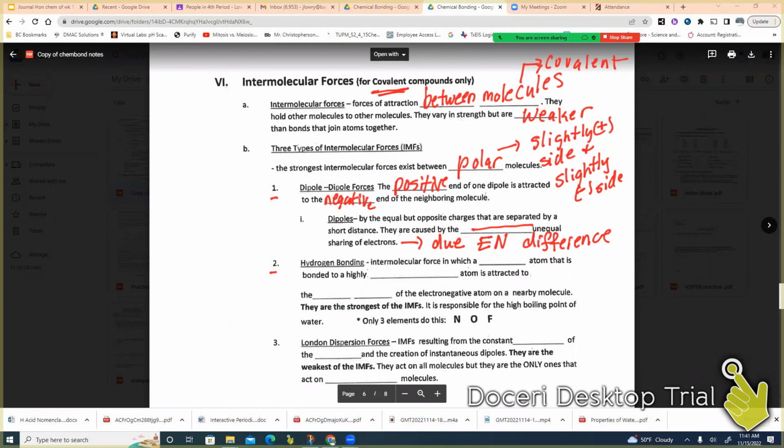During our periodic trends unit, if you remember, electronegativity is the ability in a compound to pull electrons towards itself. You would never be talking about electronegativity if you were just talking about an atom sitting around.